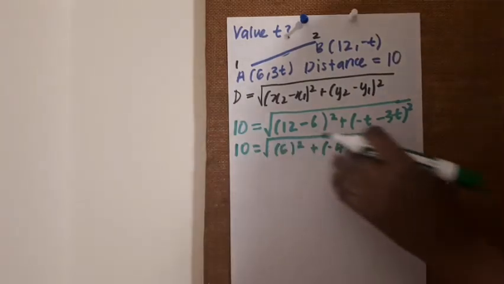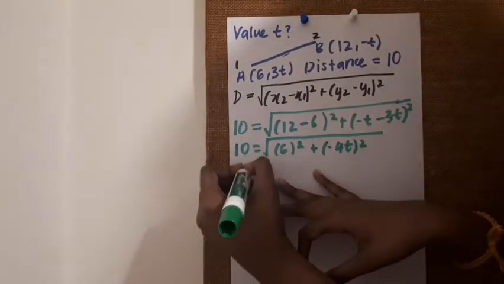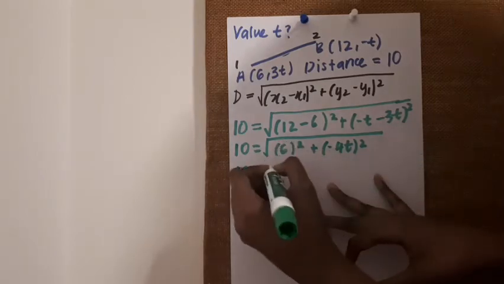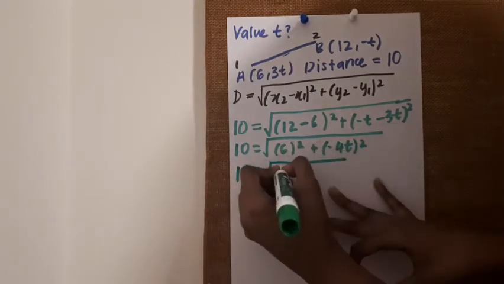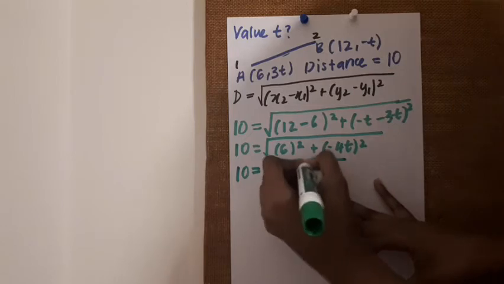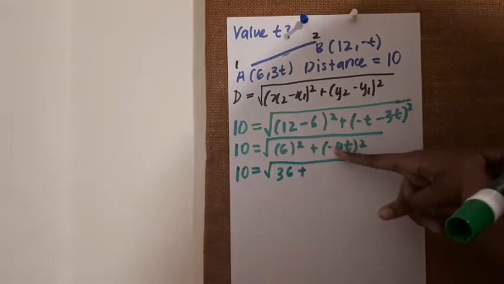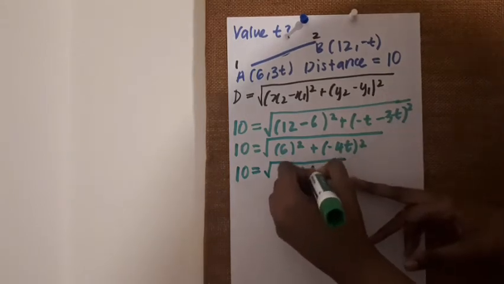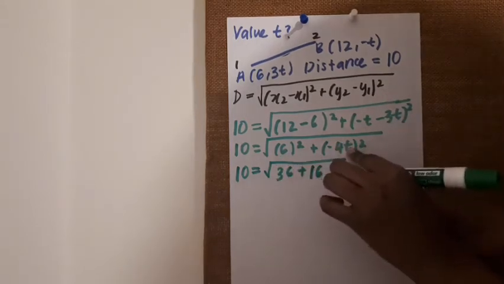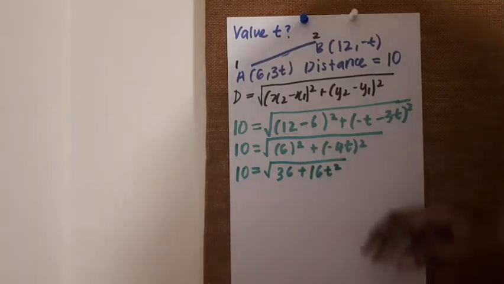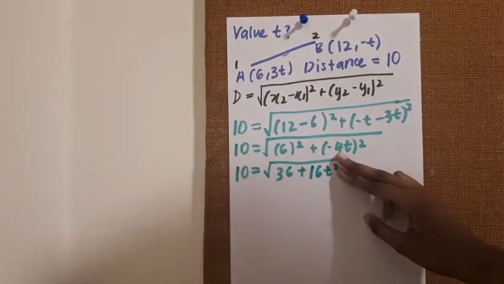Then solve inside first as usual. 6 squared is going to be 36. You can always use your calculator. And negative 4t squared is going to be 16t squared.